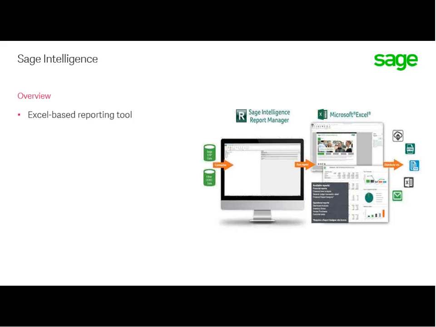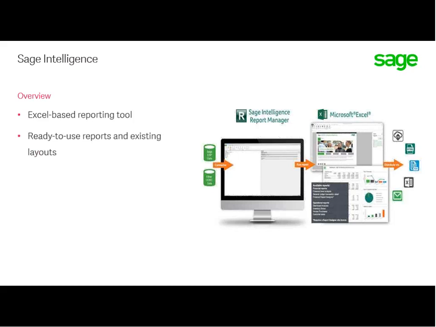That means you can use your existing Excel skills and experience to make any changes to the reports and to make your way around them. So very helpful for those of you who are used to using Microsoft Excel. If you're not, no worries. It's very, very simple, and we have some training available for you.